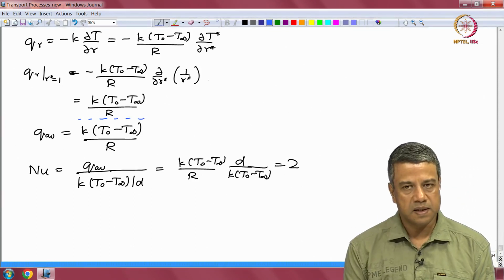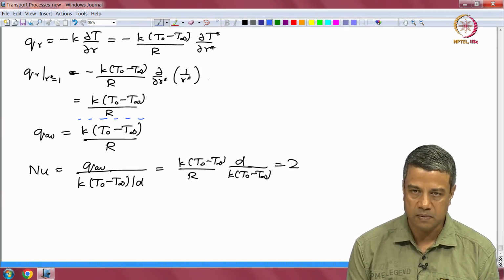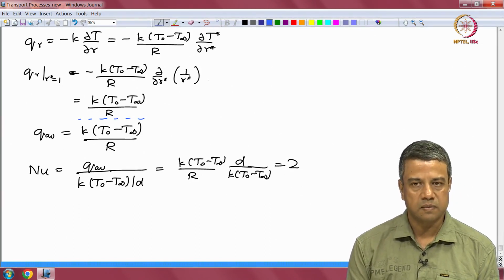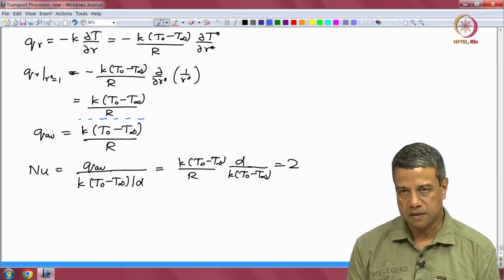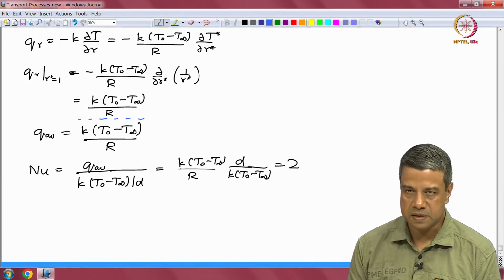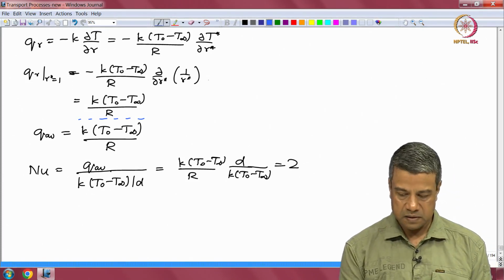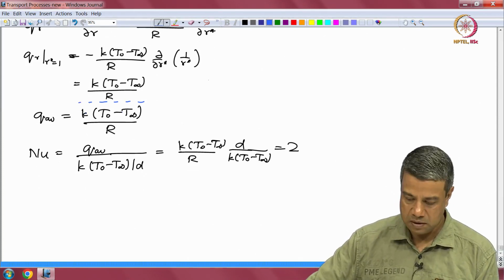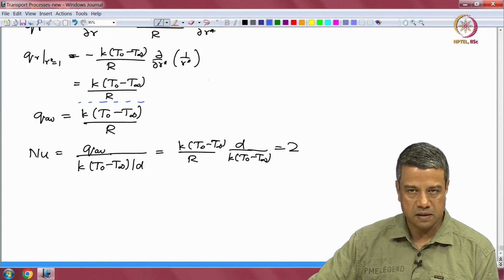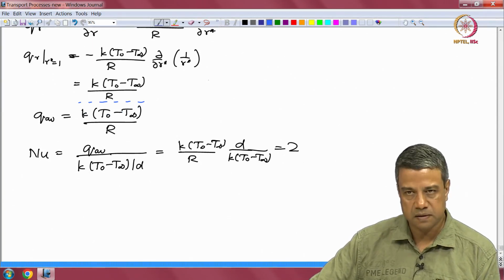Average flux is the same as the local flux because this is a steady problem and there is no variation with respect to orientation on the surface of the sphere. The temperature is the same at any orientation on the surface. So, from that we had got the Nusselt number correlation. Nusselt number is equal to 2 because the length scale that you are using for the Nusselt number correlation is the diameter of the particle.